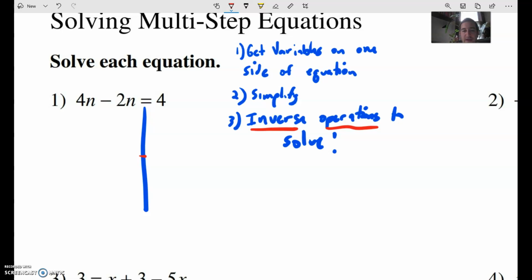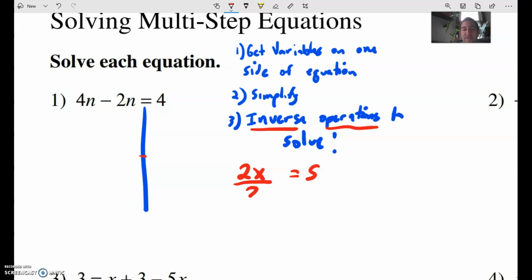So if I had x plus 2 equals 5, I would need to subtract 2 from both sides to move that over. But if I had x times 2, what inverse operation would we use to undo that one? Well, that's multiplication. That's 2 times x. So what's the inverse of multiply?